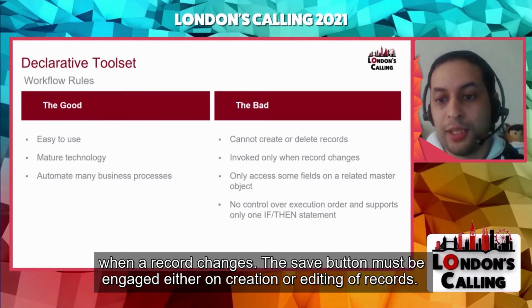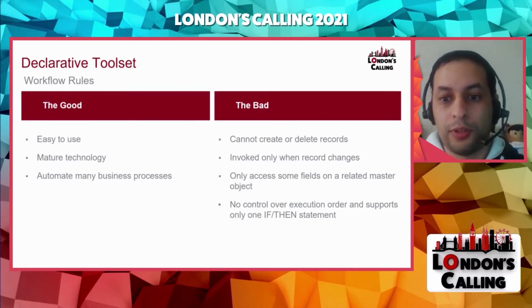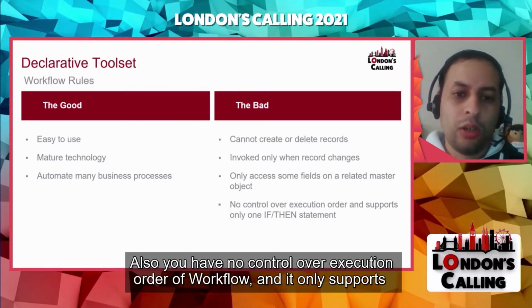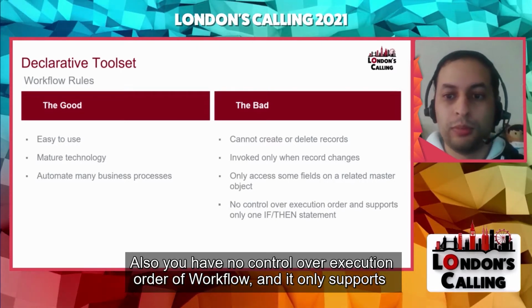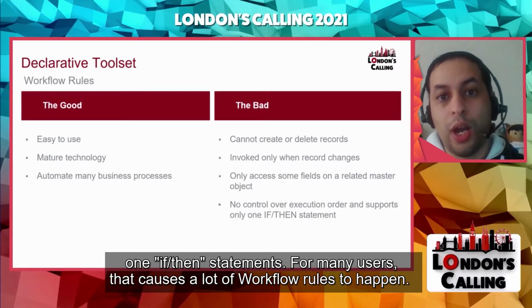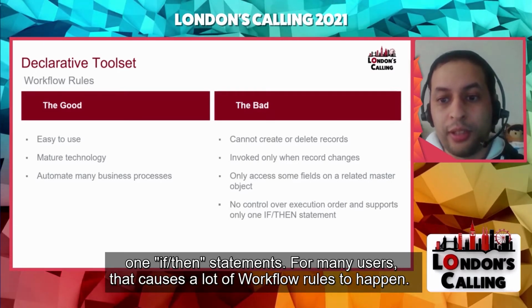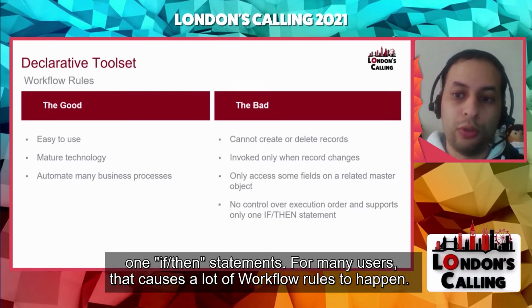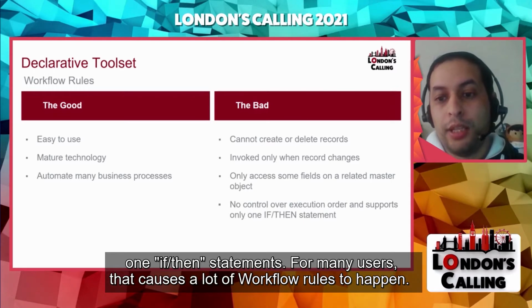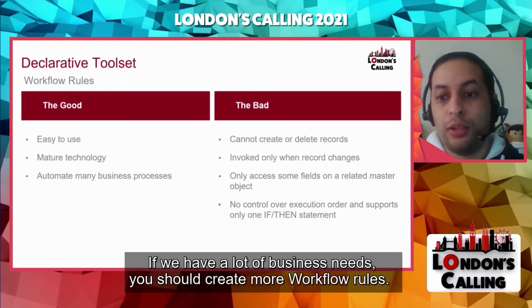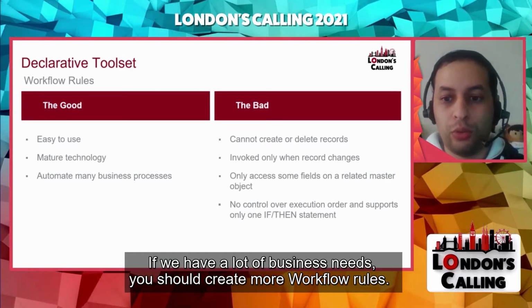The save button must be engaged, either on creation or editing of records. Also, you have no control over the execution order of workflows, and it only supports one if-then statement. For many users, that causes a lot of workflow rules to have. And if we have a lot of business needs, you should create more workflow rules.